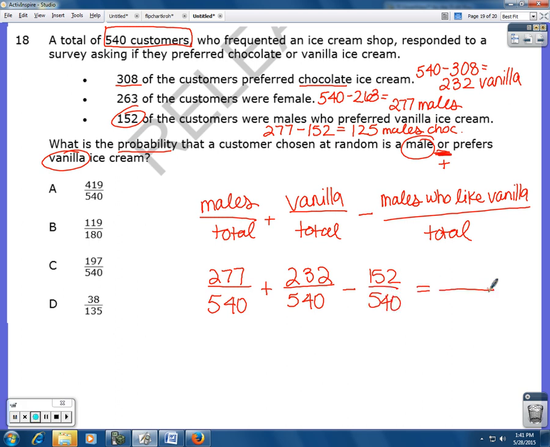When we add, we keep the denominator the same, but the numerator is now, once we add up all those numbers, 357. Now, if you notice, this fraction is not over here, and that's because we have to simplify it. This fraction simplifies to 119 over 180, which we do find over there. Okay, so this is the end of the released 2014 North Carolina Math 2 final exam.